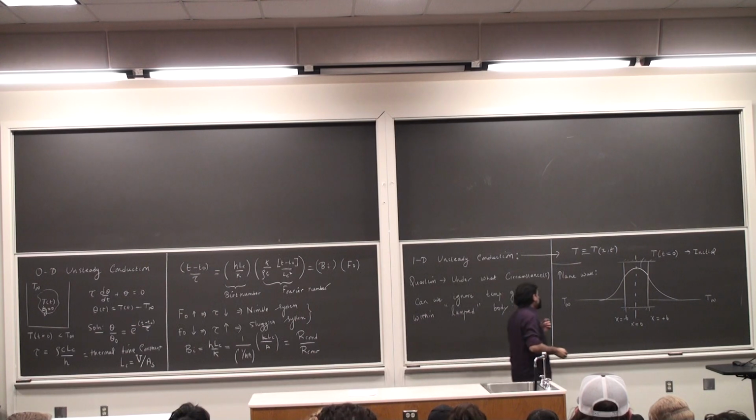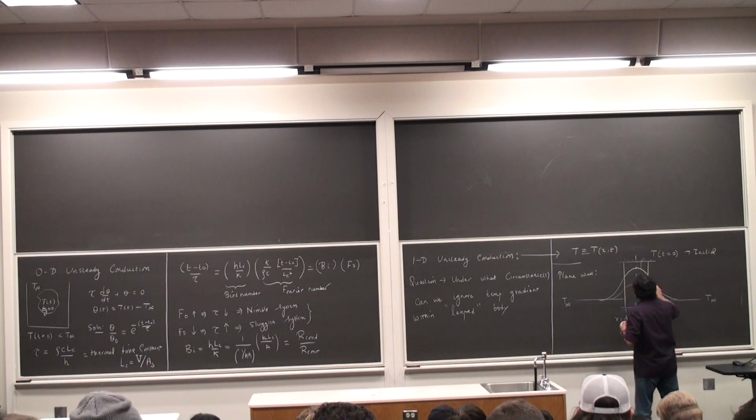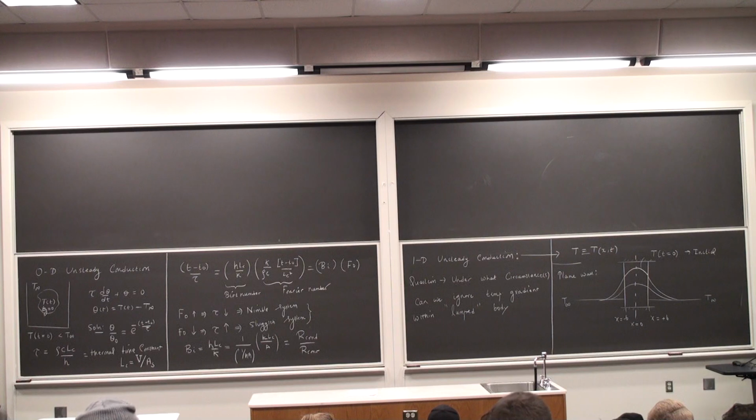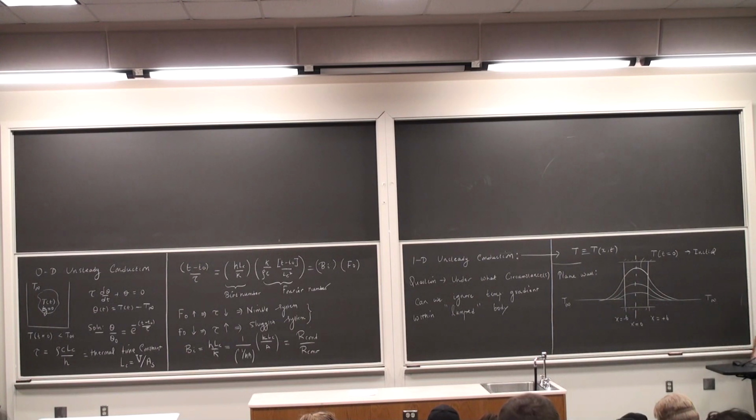So at some time after the start, this is going to be my profile. After a certain period of time has elapsed, this is going to be my profile, and eventually I will reach steady state.